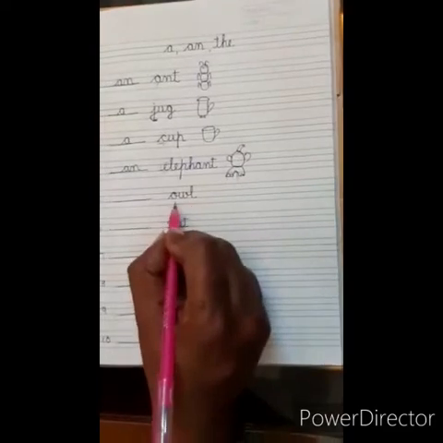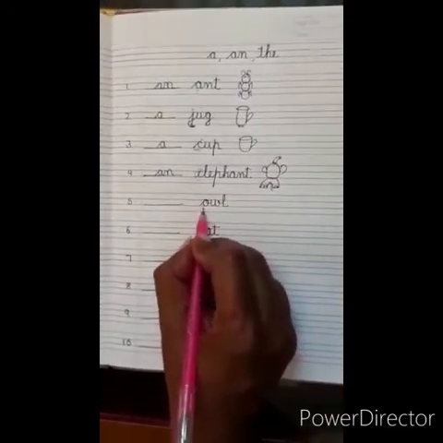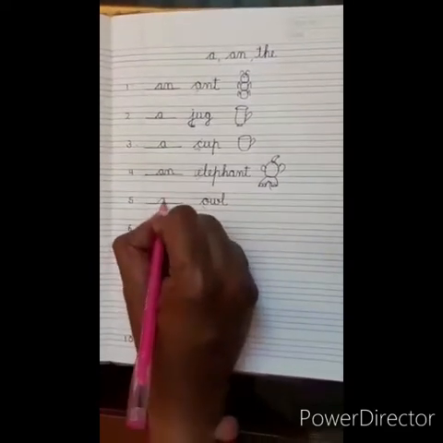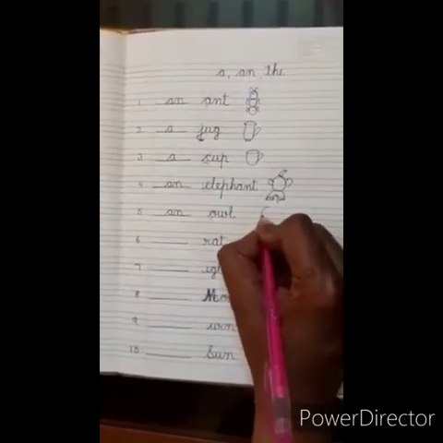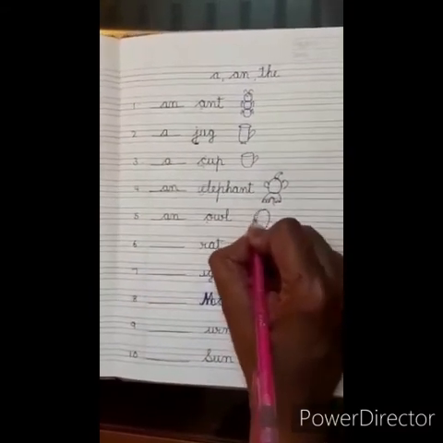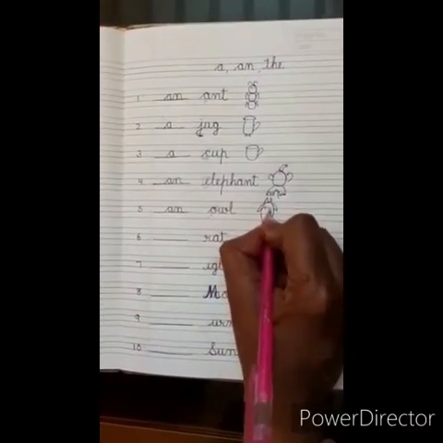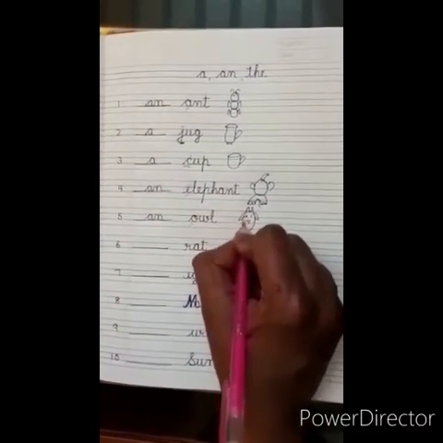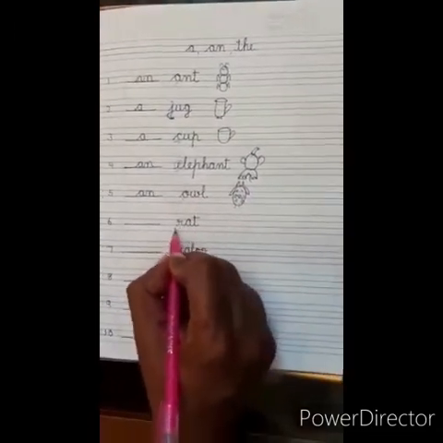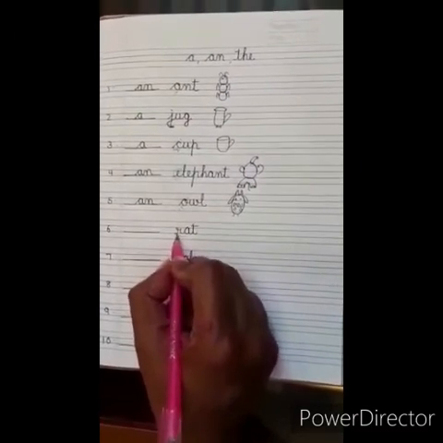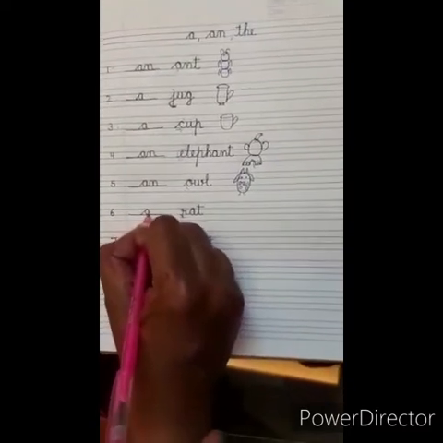Now next one is owl. The first letter is a vowel, so here we use again an owl. Now next one is rat, and R is a consonant, so here we use consonant's best friend a rat.